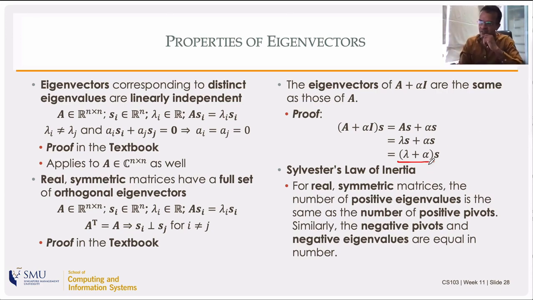And that can be used as the basis of an algorithm to compute the eigenvalues. This is not a very good algorithm. This is not the way it is implemented. There are better algorithms now. So this property, connecting the sign of the pivots to the sign of the eigenvalues, is called Sylvester's law of inertia. This got something to do with mechanical engineering or physics or something.